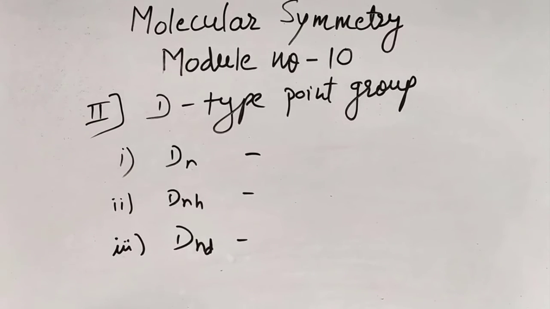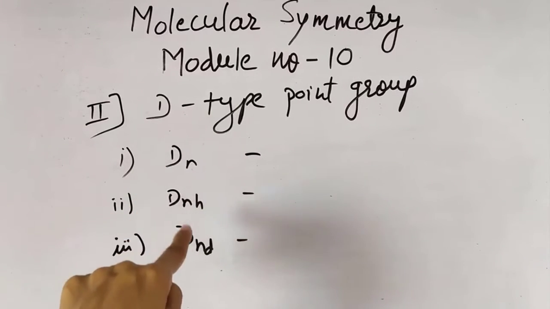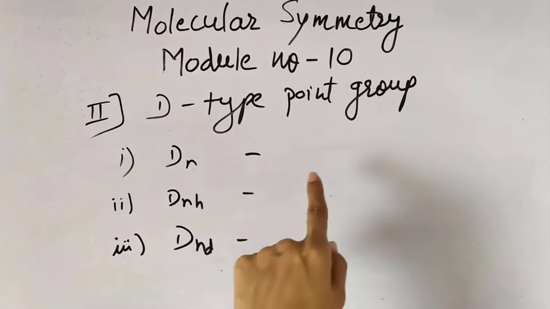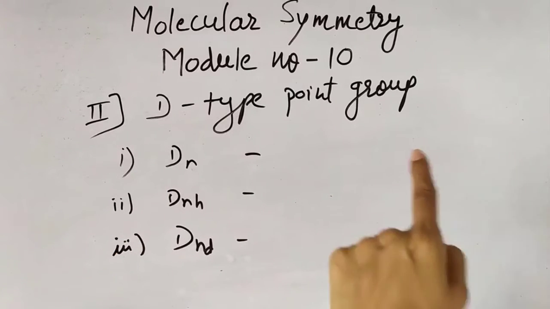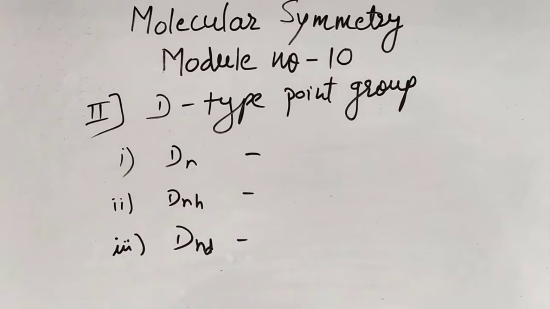Now if the first type of point group, that is C type of point group, is very well clear to you, then you can easily tell me what are the symmetry elements or criteria required for the molecule to have Dn, Dnh or Dnd type of point group.